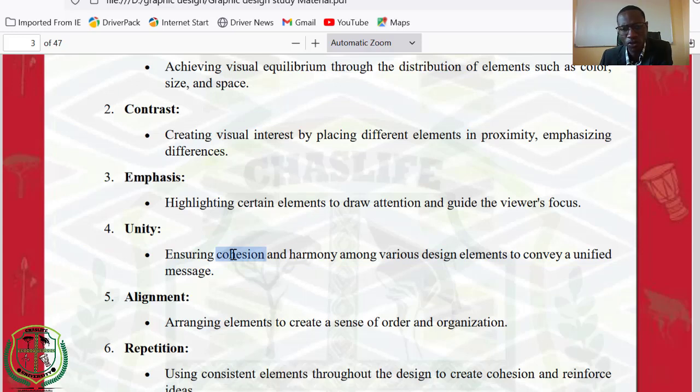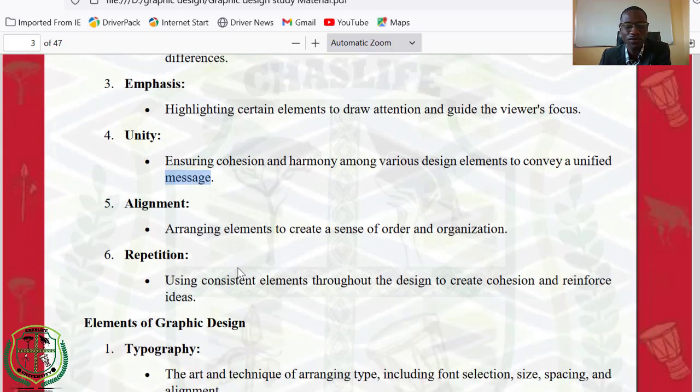Look at the type of disorganization that will be there. There's no unity between those words. So in designing, unity is always a very important component of design. Whatever you're designing has to be united in a way.